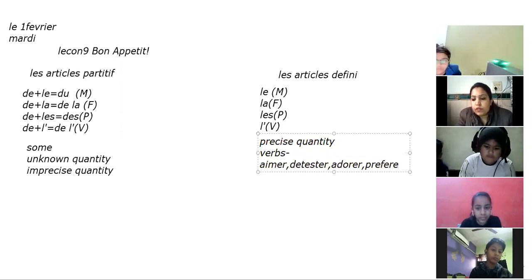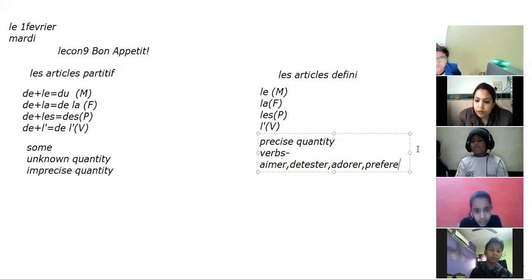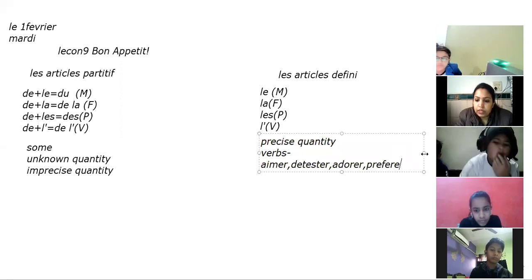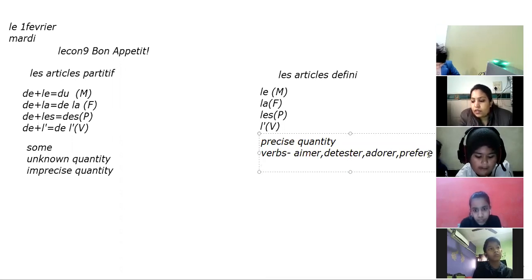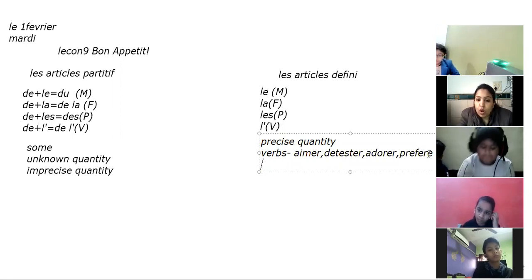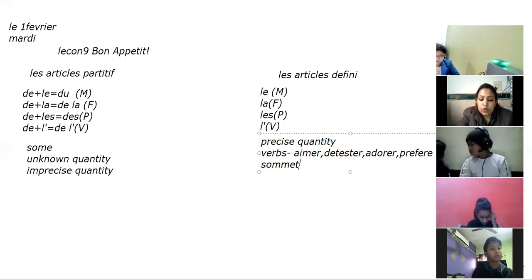Aimer is to like, détester is to hate, adorer is to love. Then préférer is to prefer. So whenever these kinds of verbs are coming in the sentence, then you are going to use article défini. We use this article when we are talking about something as a whole. Okay, something as a whole.